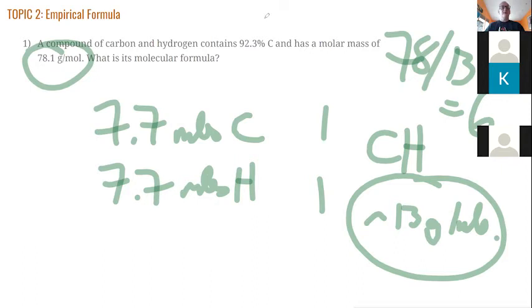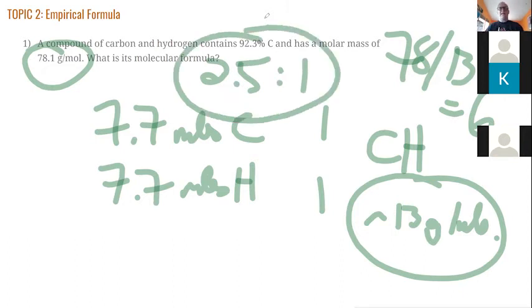So what if we were to get a final ratio of, let's say, 2.5 to 1? What will we do with that? Because we can't have 2.5 atoms in a molecule.